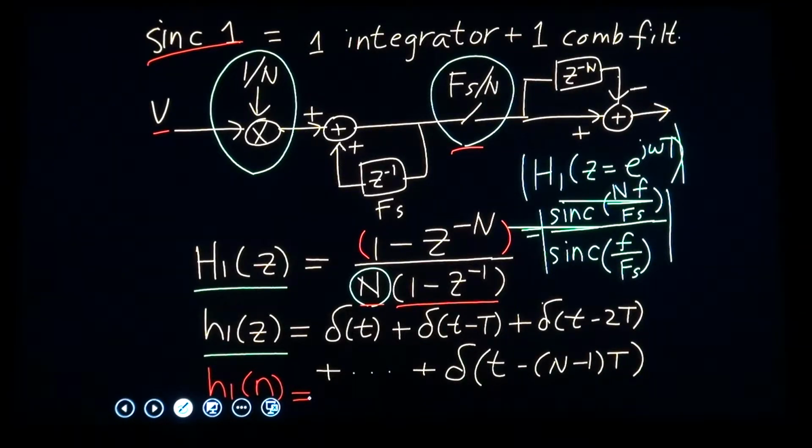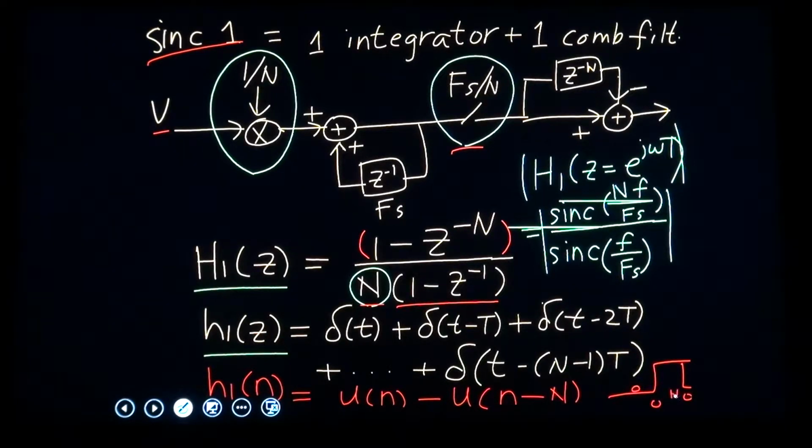This is something like un minus un minus n, something like that. Okay, so this is something like this one. So it's all 0 except at 0 and n minus 1. Okay, that's the impulse response of this sinc 1 filter.